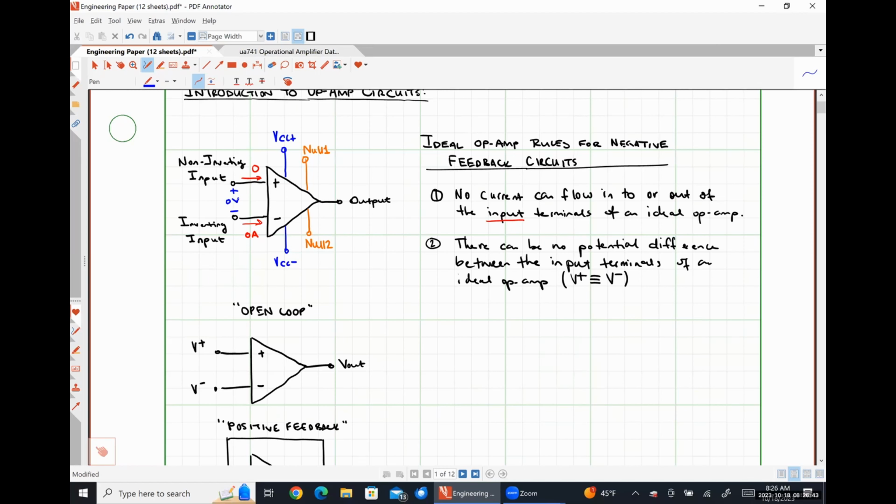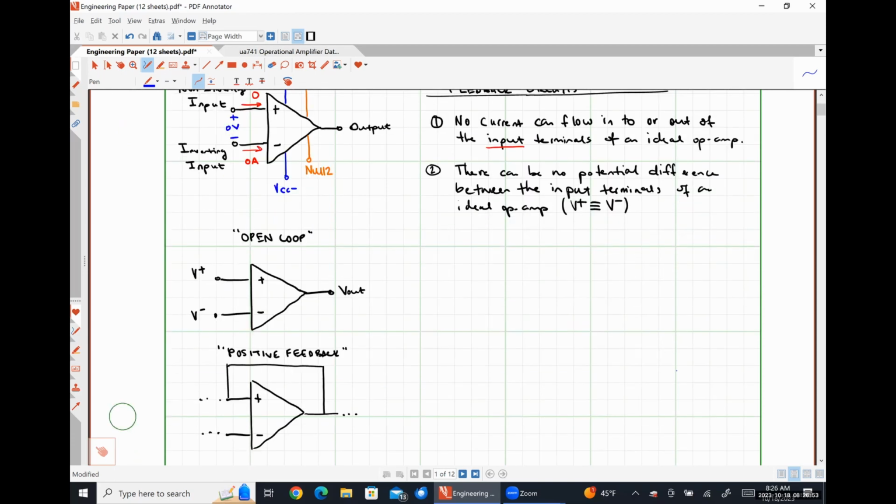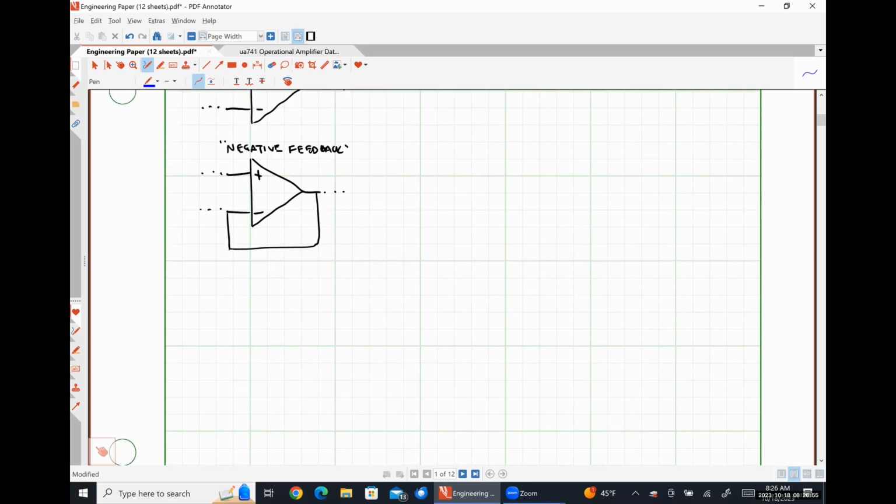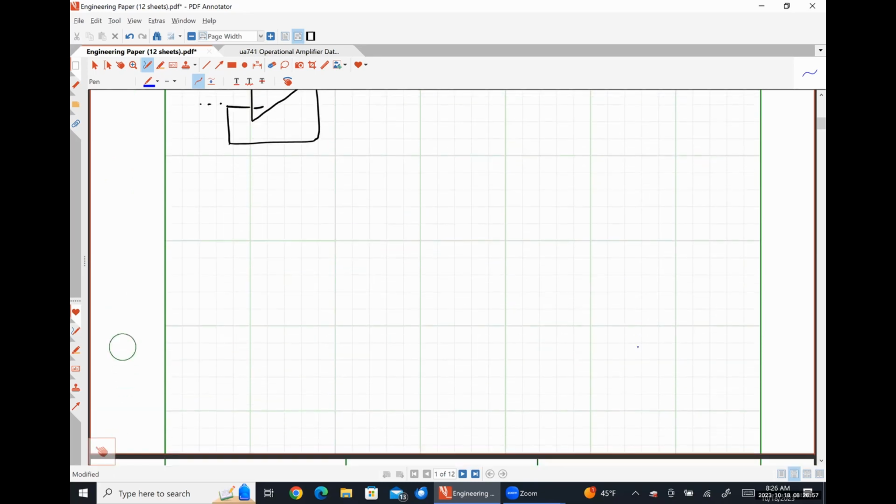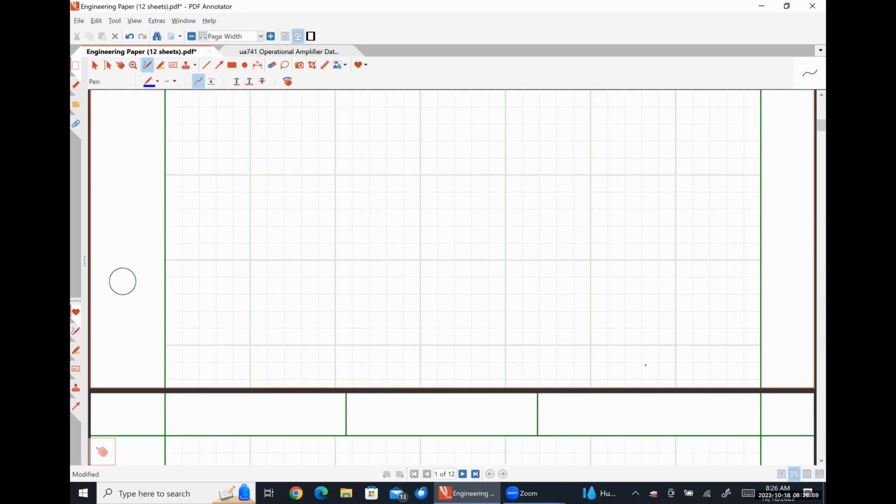All right, so we have established our two rules specific to the analysis of ideal negative feedback op amp circuits. And so now let's take some time and analyze some circuits. What I am going to do here is we are literally going to work homework set number 16.